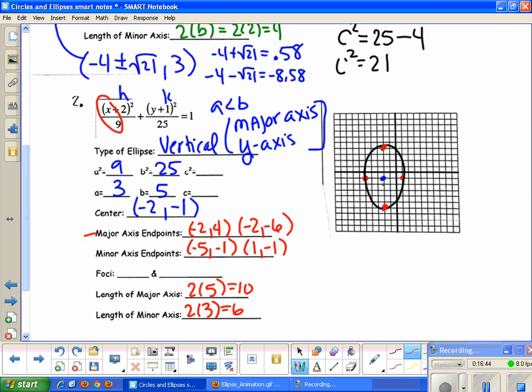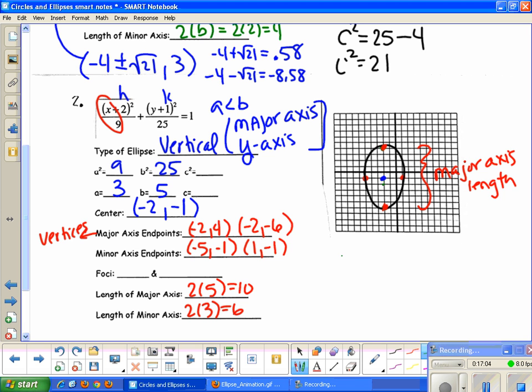And remember that the major axis endpoints are also called the vertices. So again, this is the major axis length. We're not done because we need to find the focal points.